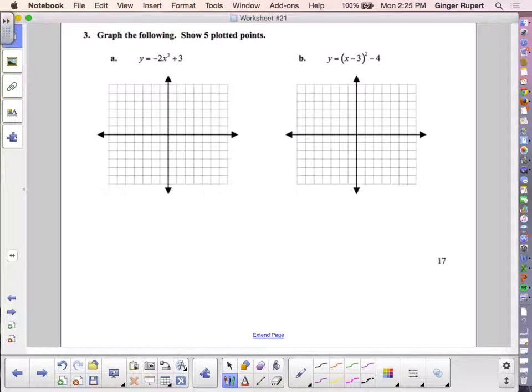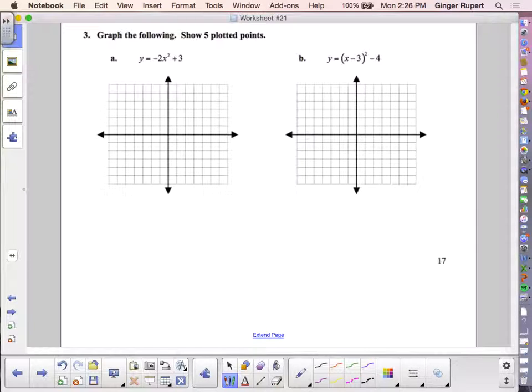It says graph the following, show 5 plotted points. Okay, when you look at the first one, you can think about this in a couple of ways. You can think about the axis of symmetry and where is the vertex, or you can think about transformations and how does this shift about the coordinate plane.